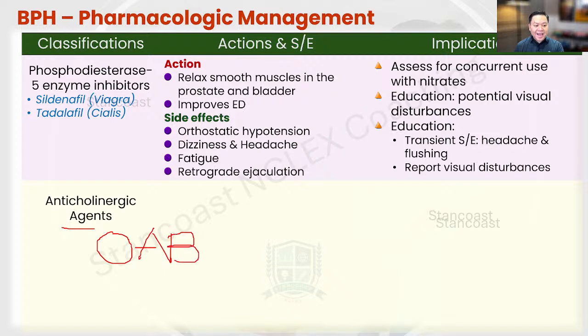And this overactive bladder can accompany this problem, the BPH. And so most of the time, the medical provider will end up ordering the anticholinergic to treat the overactive bladder. It's not to treat the enlarged prostate.